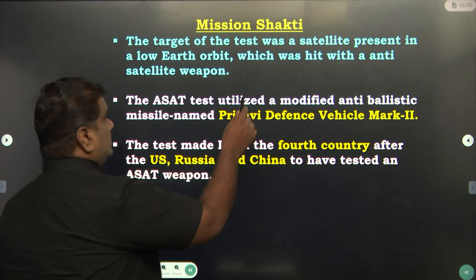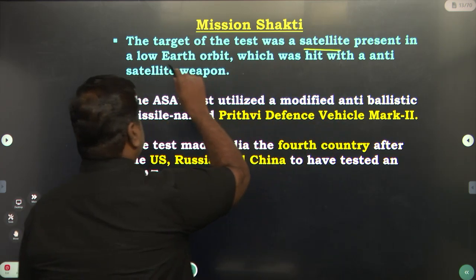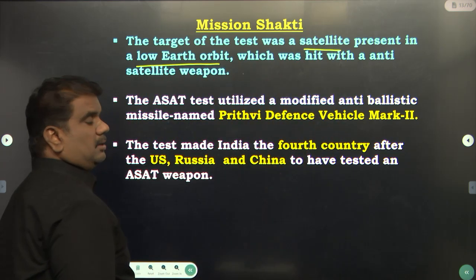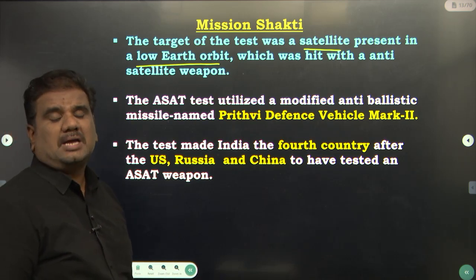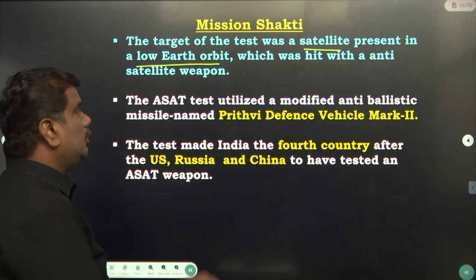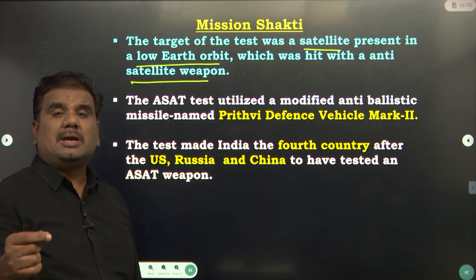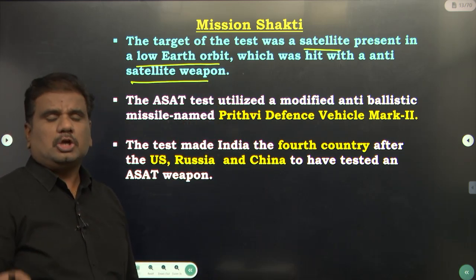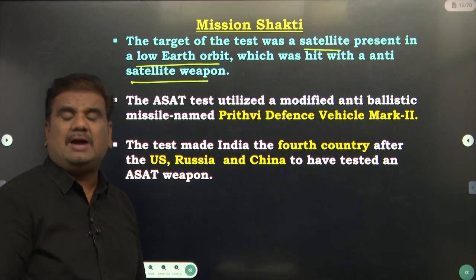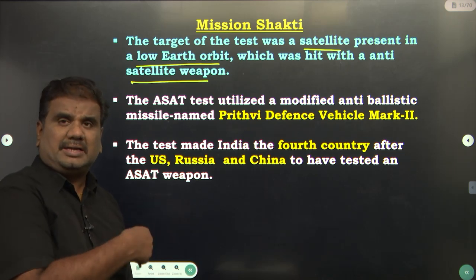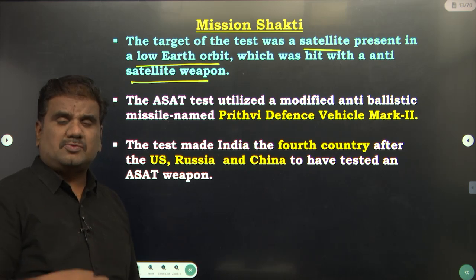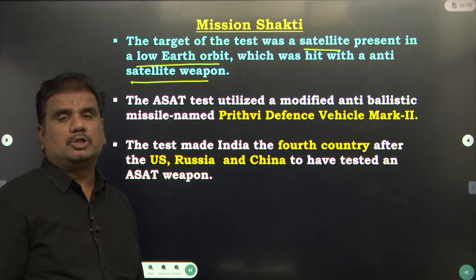The target of the test was a satellite present in low Earth orbit, and this satellite was destroyed using an anti-satellite weapon. You talk about anti-tanks, you talk about anti-aircrafts, and now we are talking about anti-satellite. In coming classes we will be discussing anti-ship also.